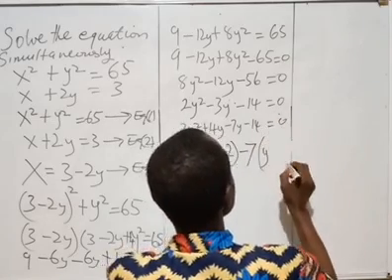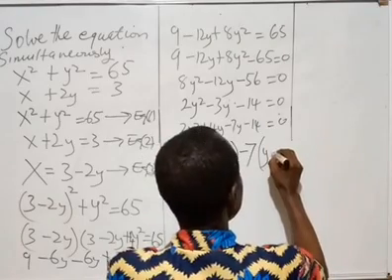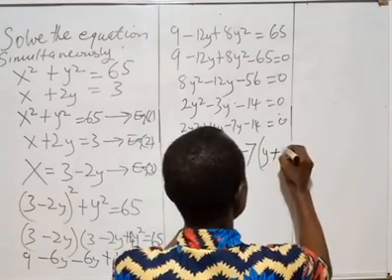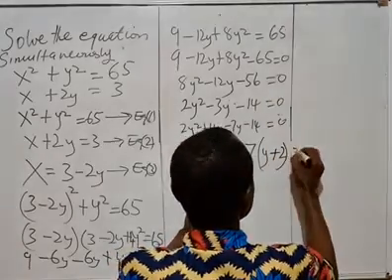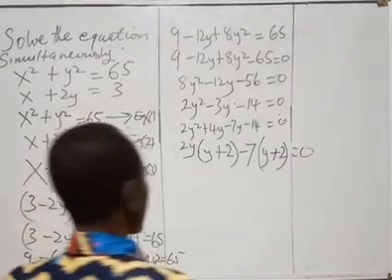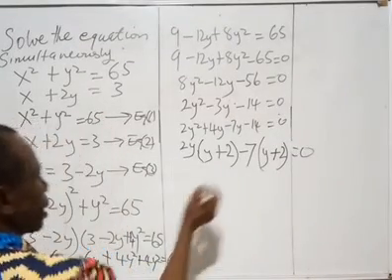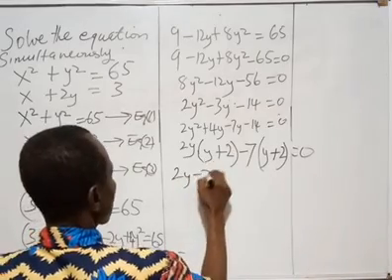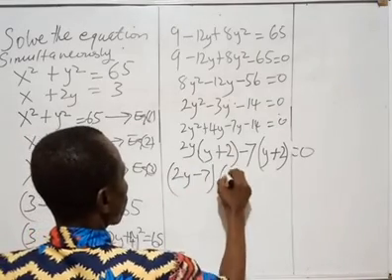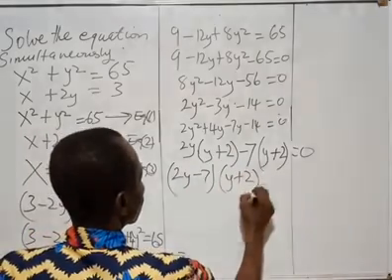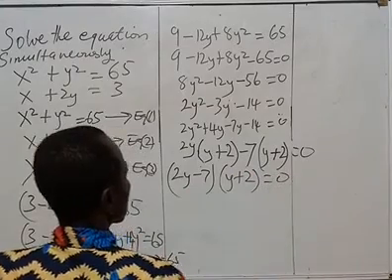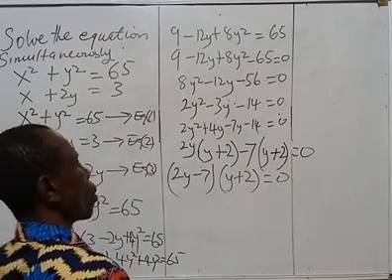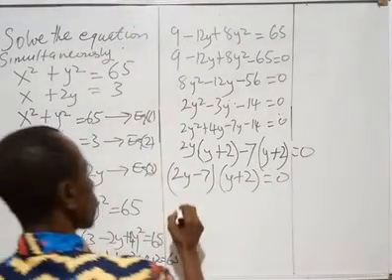Minus 7 into minus 14, I have the plus 2 equals 0. So from here, I group them. So I have 2y minus 7 into y plus 2 equals 0. These are the factors of the quadratic equation.